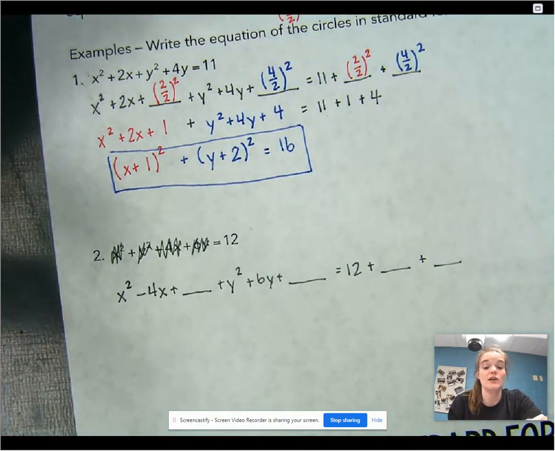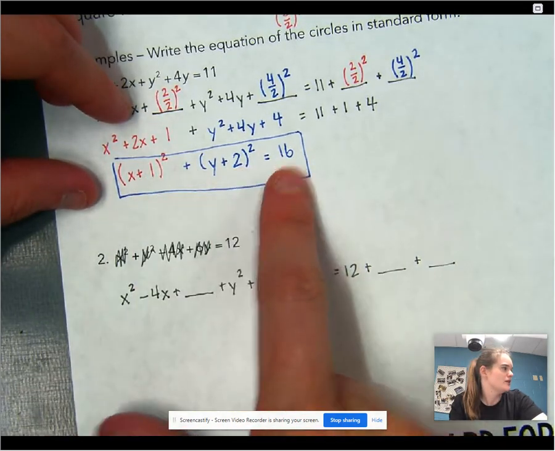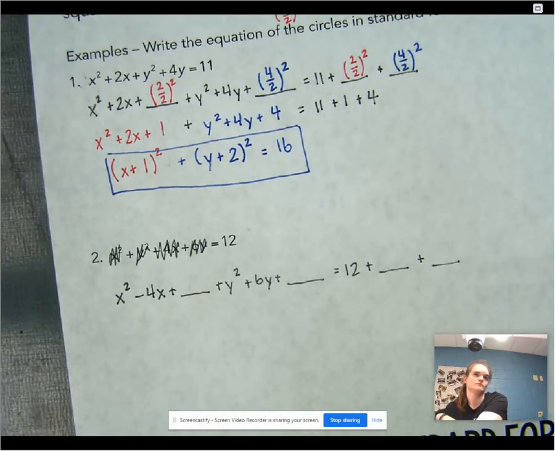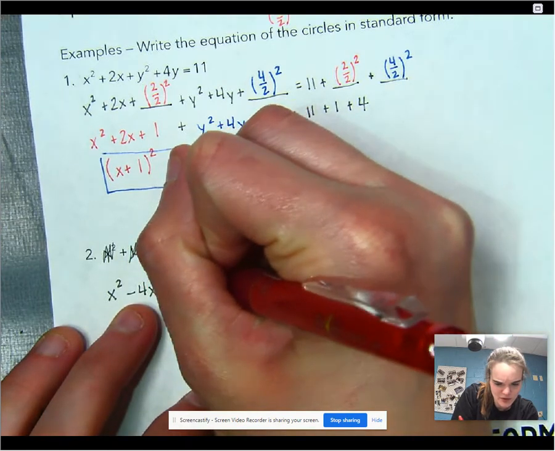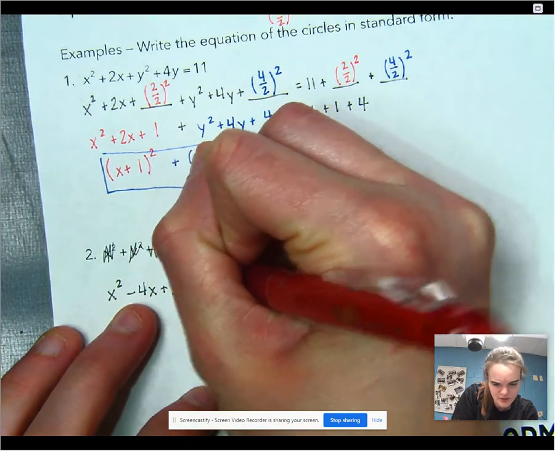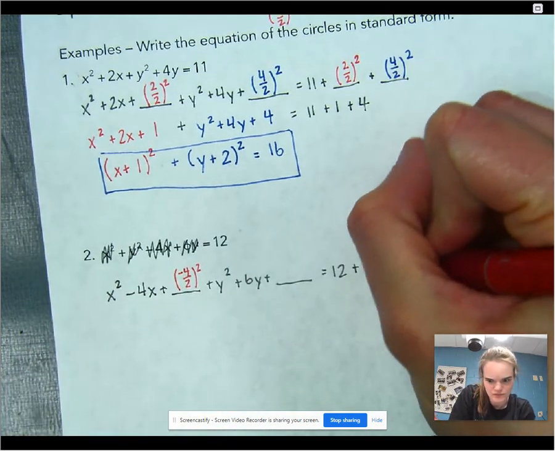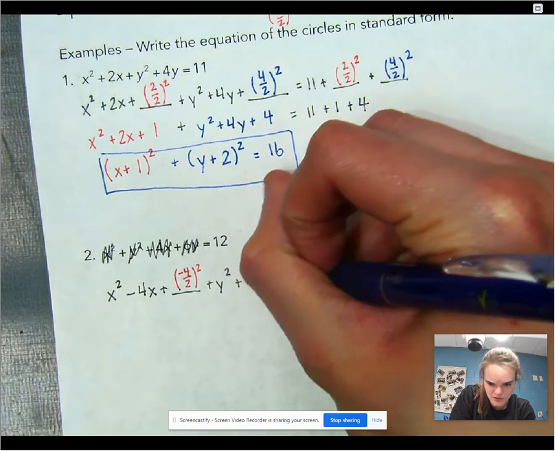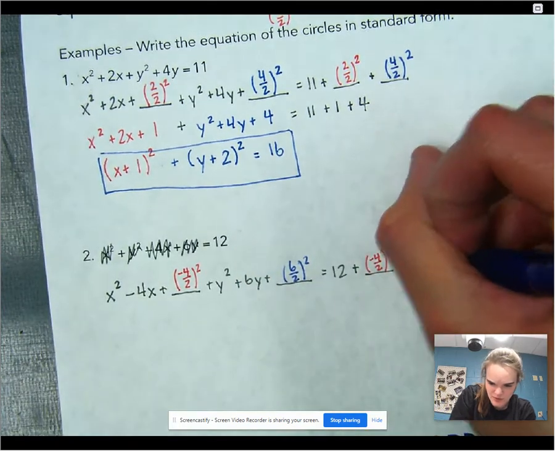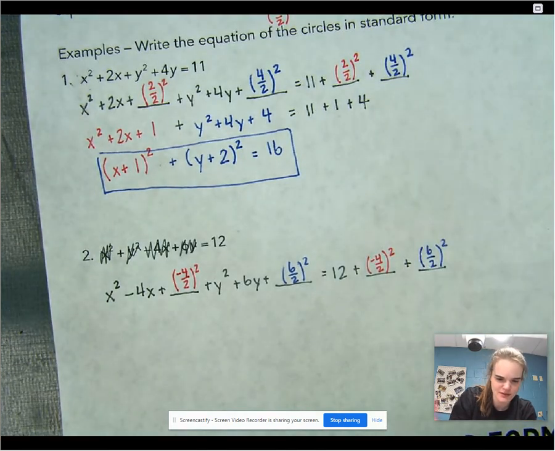Now, pause the video, see if you can fill out what goes in the blanks, and then see if you can actually get the values here and here. Alright, so every single time, it's this middle number over 2 squared in both places. Then simplify.